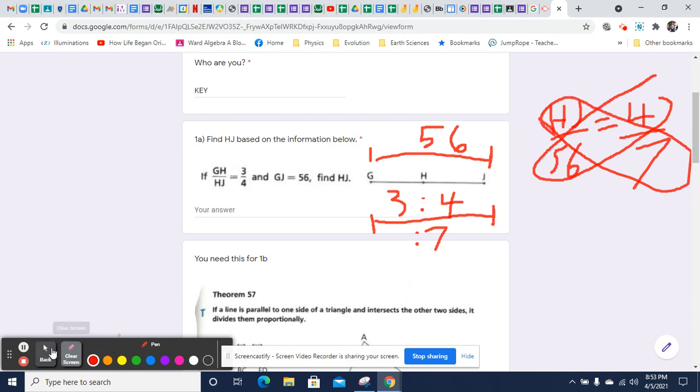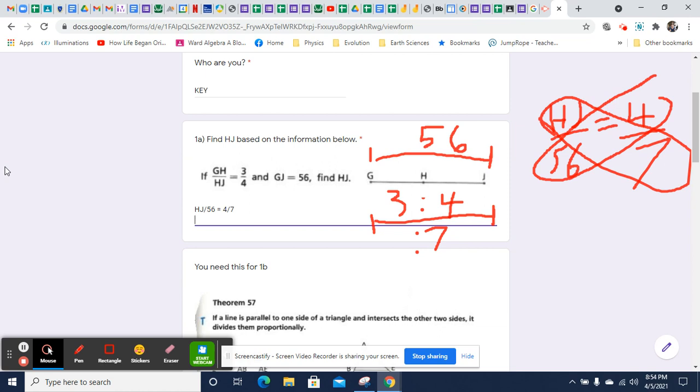And we can start solving this. So that means we've got HJ is to 56 as 4 is to 7. And now we've got the products of the means and the products of the extremes.